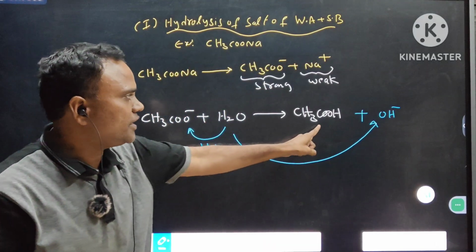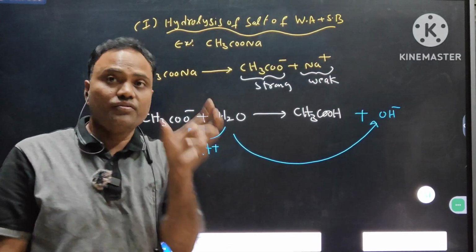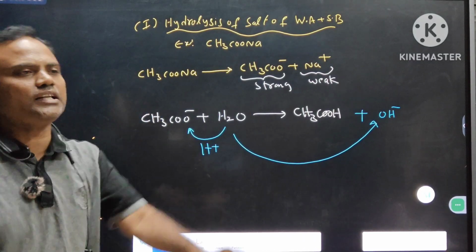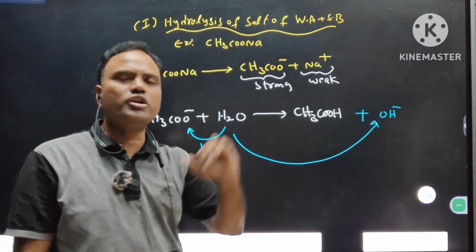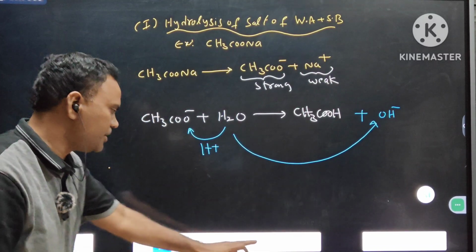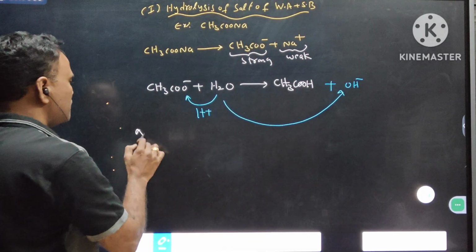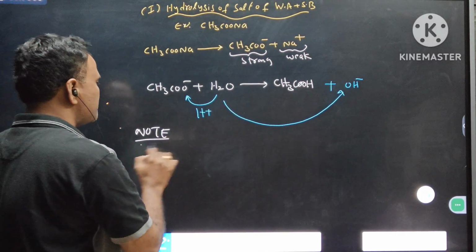Don't think that because acetic acid is formed the solution is acidic. That is wrong. If free H plus ions are present, then acidic nature. If free OH minus ions are present, then basic nature. Very, very important. Mention that point. Theoretically, that is very important. So the nature of the solution is basic.